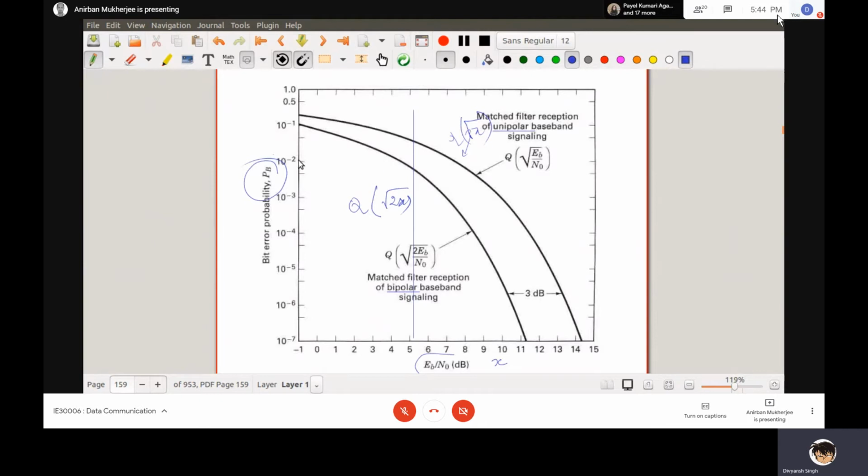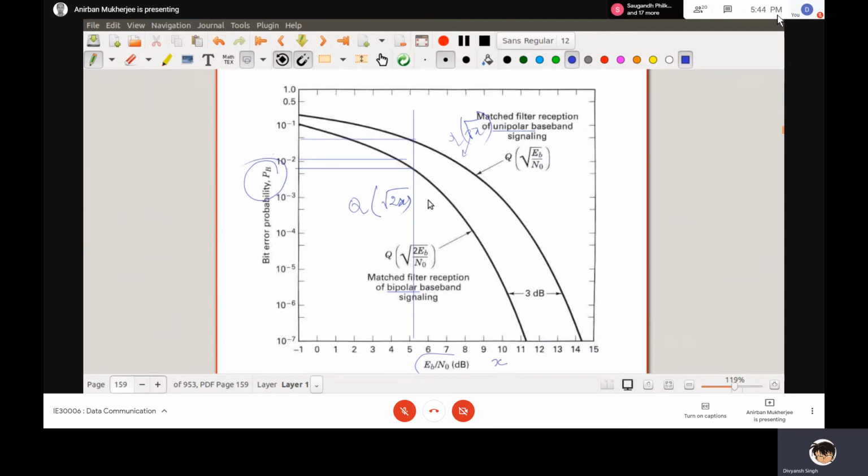Now the probability of bit error for bipolar signaling is something like 10 to the power minus 2, but here it is near 10 to the power minus 1.5 or something. Here it is 10 to the power minus 2.